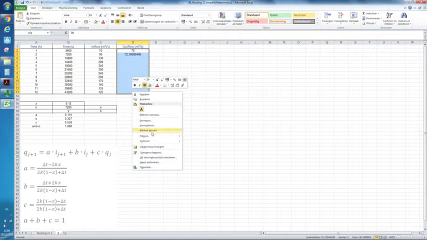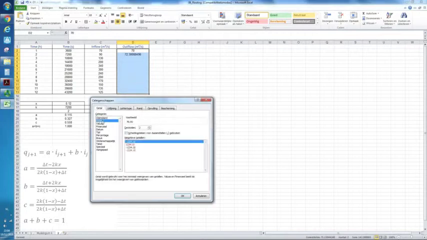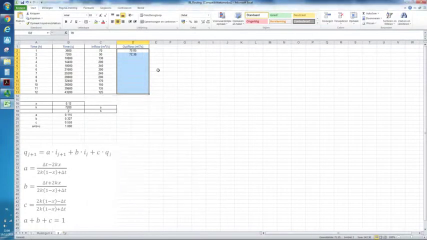Let's make this a little bit cleaner already for all of the values. So let's keep 2 digits behind the decimal sign.